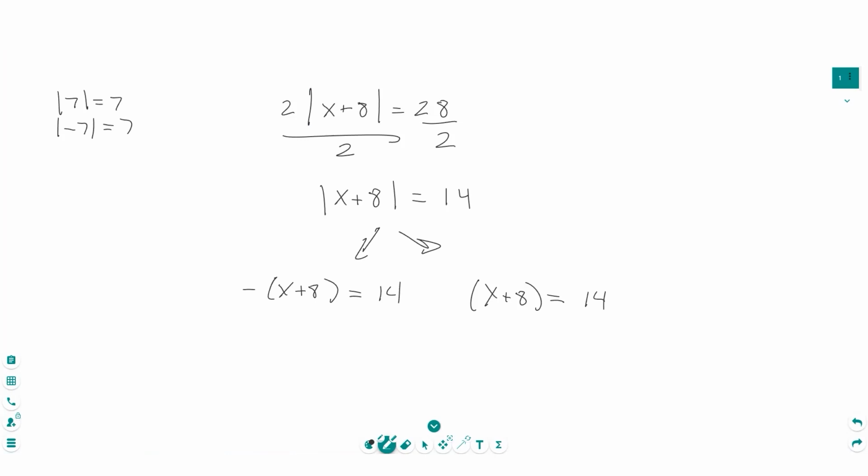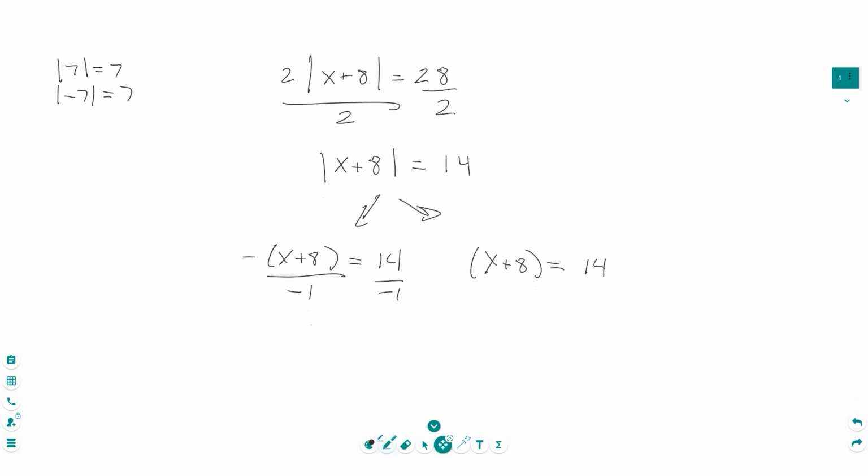In mathematics, we are always looking for the easier way to do things. If the x were negative, I would distribute the negative sign across to change the sign here. It's positive, so the easiest thing for me to do is divide by -1. I could also multiply by -1; it doesn't make any difference.